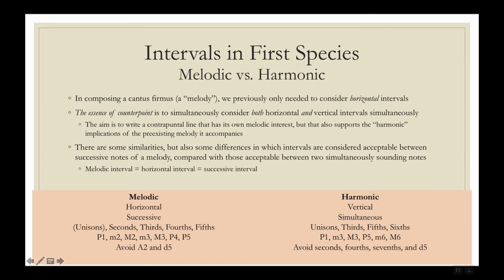Okay, harmonically, these things are vertical, so we're talking about intervals between the voices that happen simultaneously. You're going to have unisons at the beginning or the end of the exercise. You're going to have thirds. You're going to have fifths.